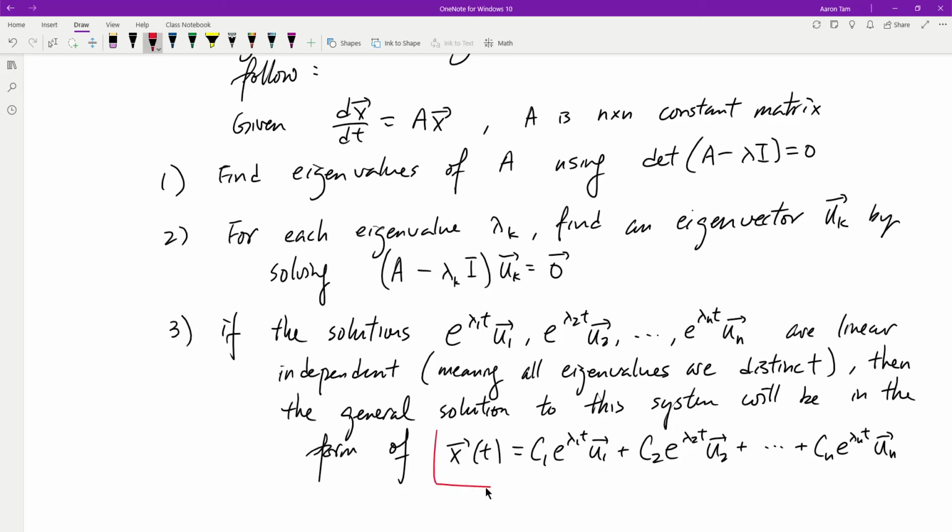So that's how the solution to our system will look. Now, that's actually kind of similar to a regular single equation, in the sense that we don't have lambda, but we do have the characteristic roots r1, r2, and so forth. And because you have a system of equations, your solution is itself a whole bunch of equations, so there are vectors u1, u2, and un to show the proportion between each equation or each solution. So that's how that works out.